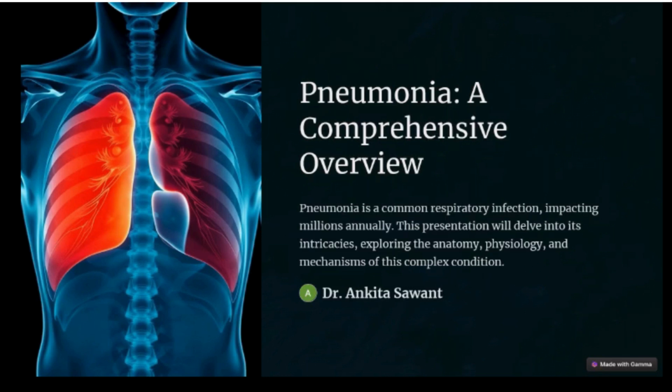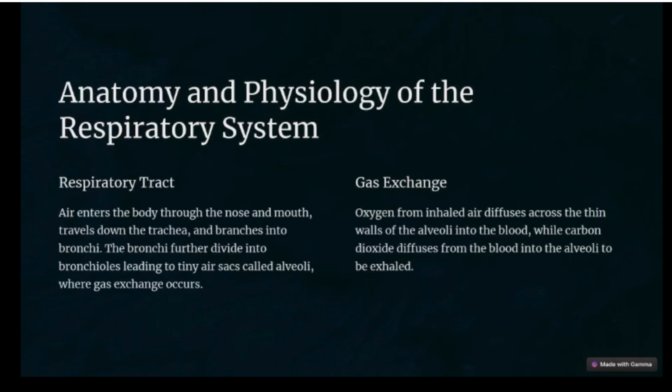This presentation will delve into its intricacies, exploring the anatomy, physiology, and mechanisms of this complex condition. So first we'll focus on the anatomy. The lungs are the primary organs involved in respiration, located within the thoracic cavity.